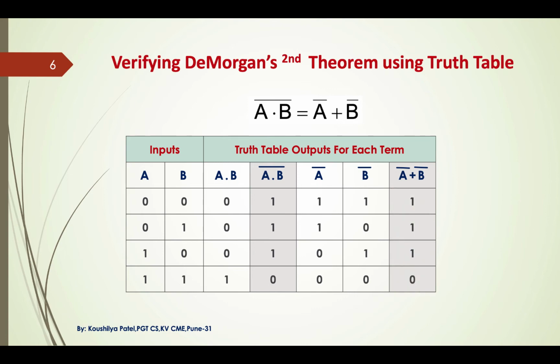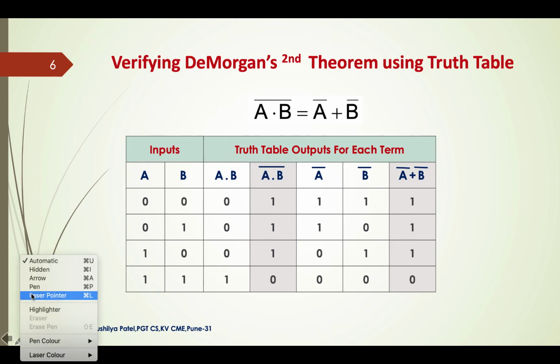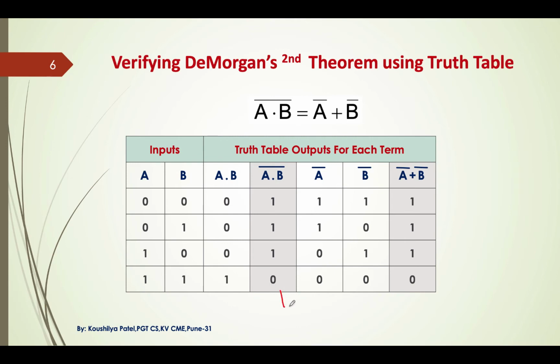So in this way, we are able to prove the second theorem as (A into B) whole complement equals A complement plus B complement. These two column values are identical, hence we can say we have proved this theorem.